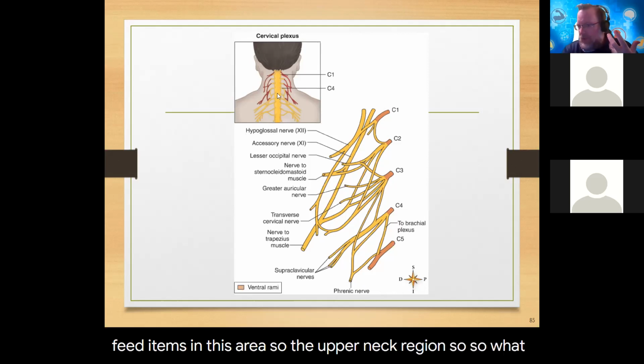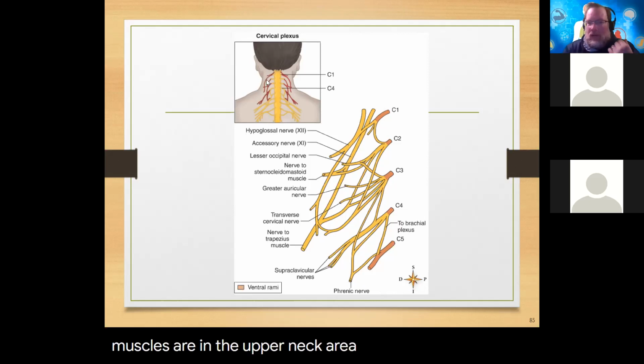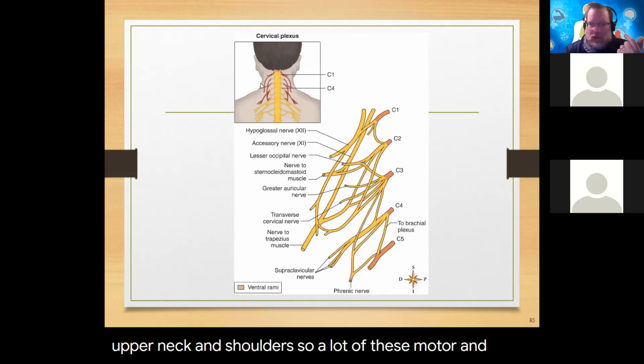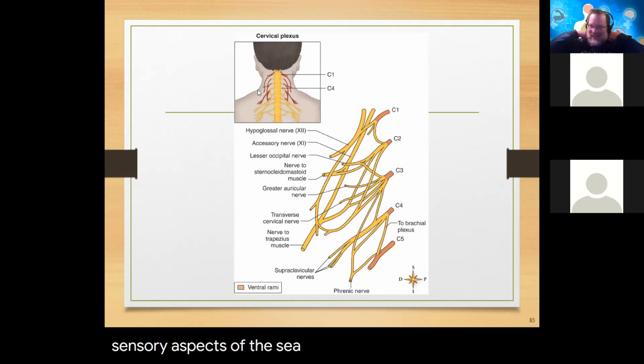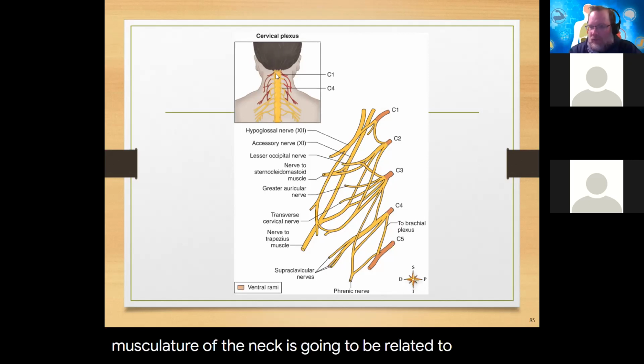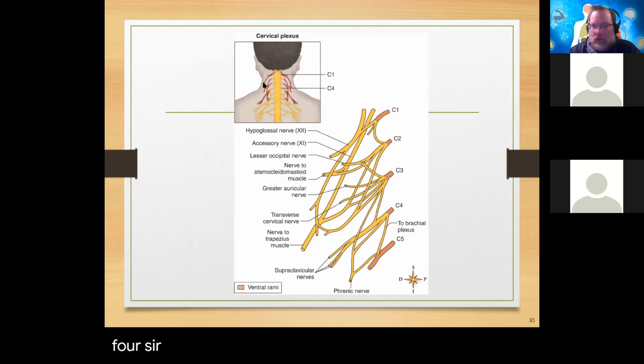So what muscles are in the upper neck area? We have the trapezius, for instance, one of the major muscle groups of the upper neck and shoulders. So the motor and sensory aspects of the skin of the neck and of the musculature of the neck are going to be related to these first four cervical nerve pairs.